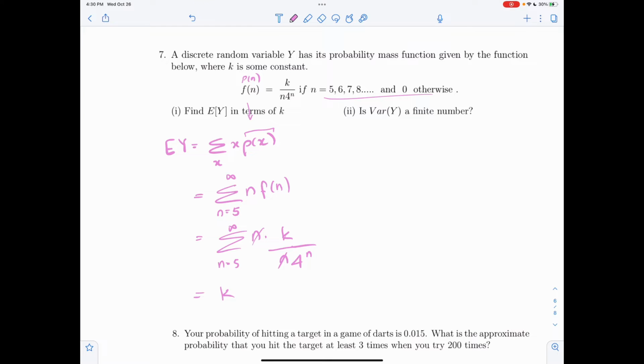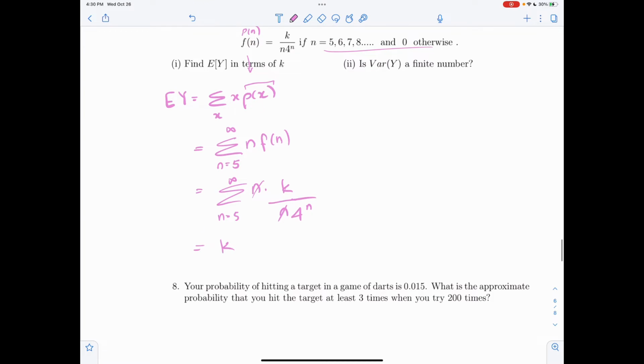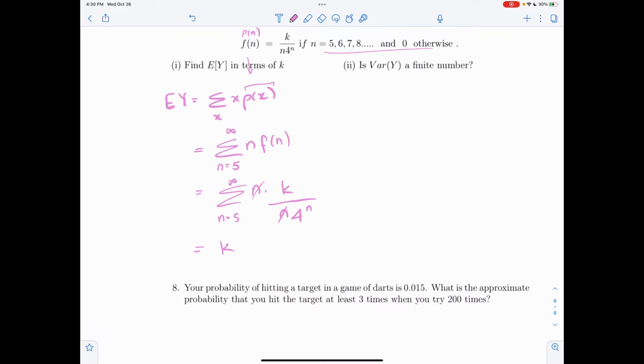So this is a geometric series now. 1/4 raised to n, that's your common ratio. A is k, and what is the first term? 1/4 raised to 5. Okay, so just rewriting it.